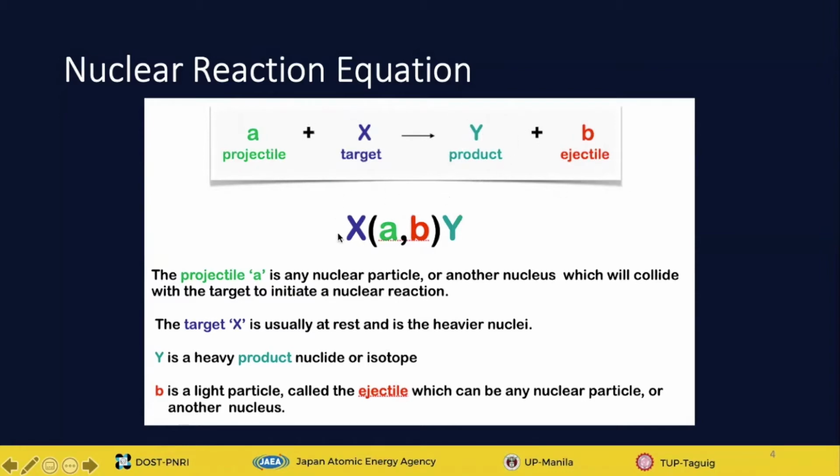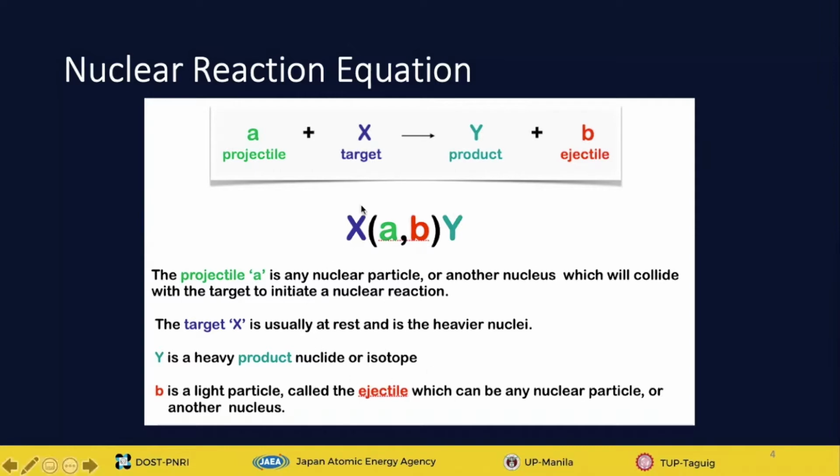The other is the shorthand notation, which generally tells us the same elements, our target, our product, our projectile, and our ejectile, but in a much shorter fashion. So our projectile can be any nuclear particle, and this could also be another nucleus of an atom, which will collide with the target to initiate the nuclear reaction.